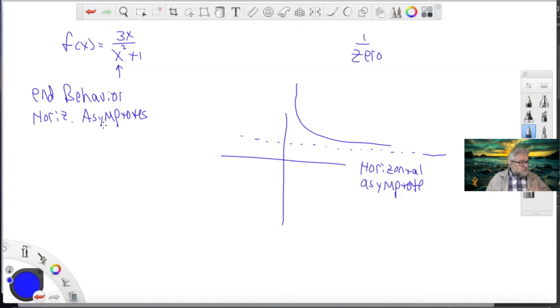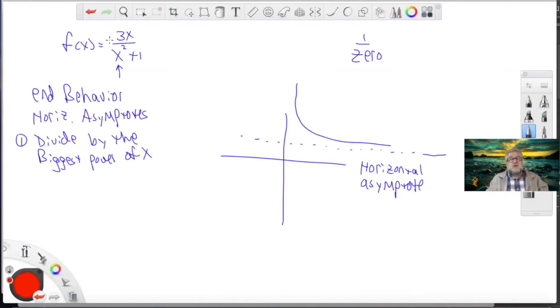So to find a horizontal asymptote, there's a process and there's steps. Step 1, divide by the biggest power of x. So you divide everything by the biggest power of x.